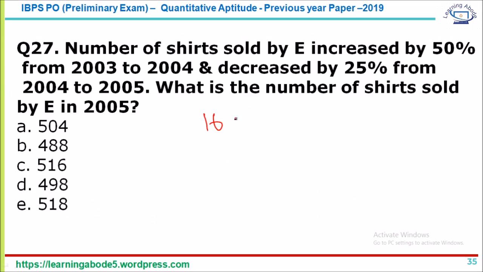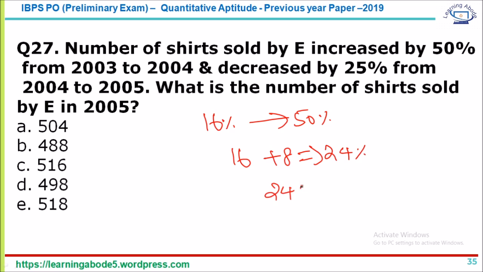Now 16%. If you are getting a 50% increase, half of 16 is 8, so that will be 24%. Again, 24% of that 2800, we will just come back to the 2800 after this. Now in this 24%, there is a decrease of 25% after that. So a 25% decrease on this value.